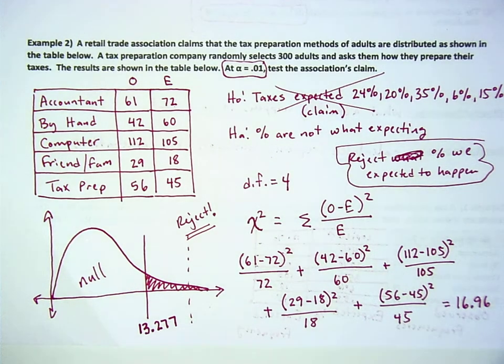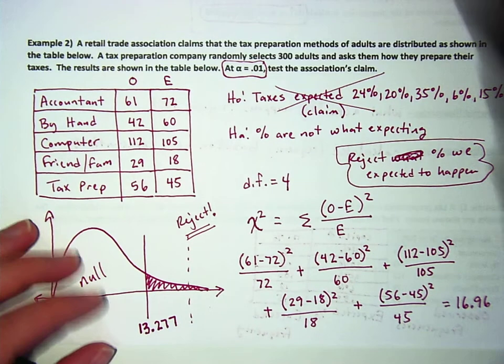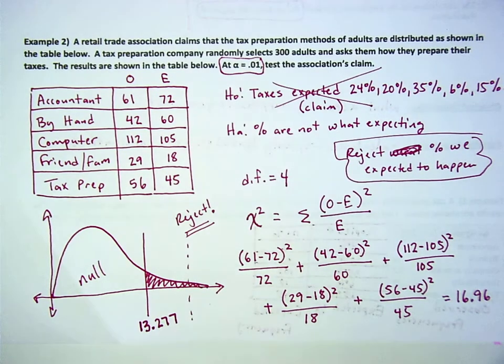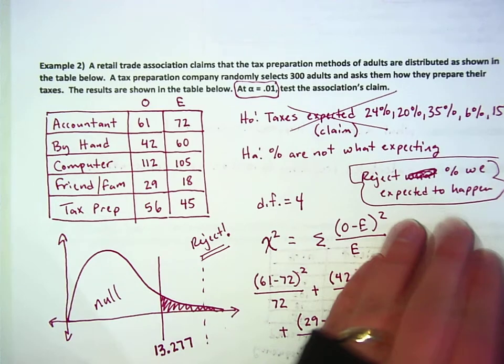So basically you would say, look, what we expected to happen did not happen. Now, there is also a way to do this with your calculator.